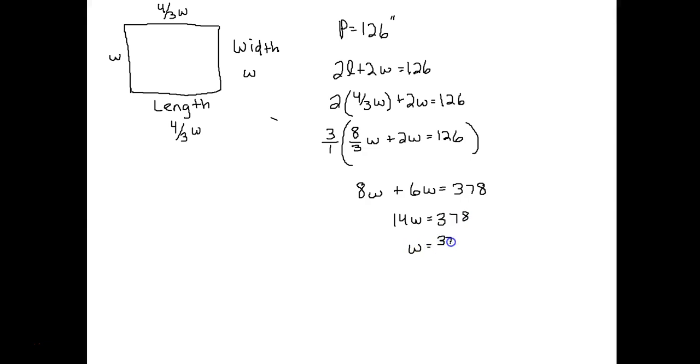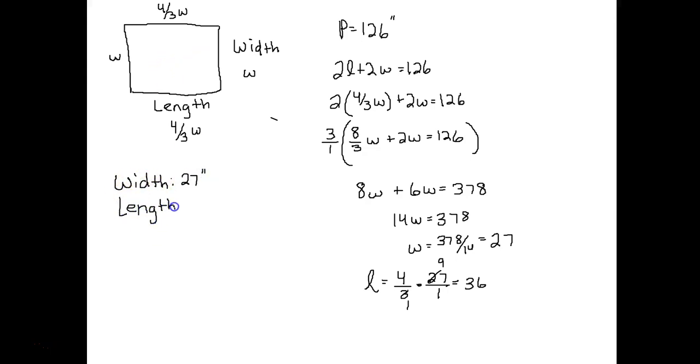Then divide both sides by 14, and I get 27. And then L is 4/3 of that, so 4/3 of 27 gives me 36. And now I've got both width and length. So width 27 inches, length 36 inches.